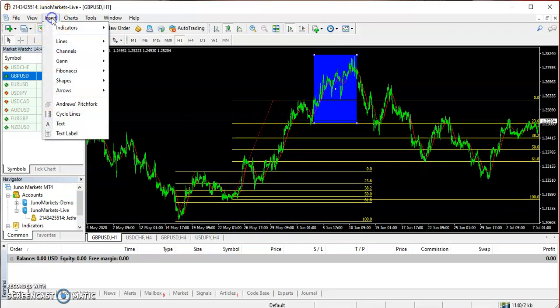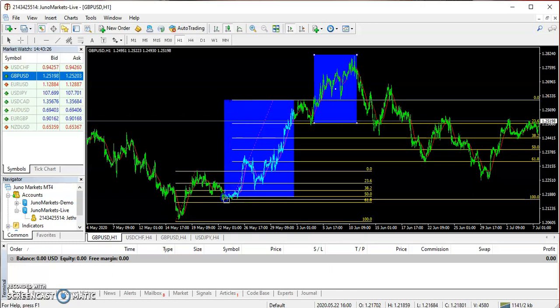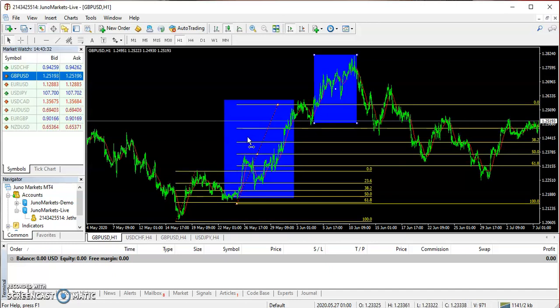If we are going to measure wave 3 compared to wave 1, that's very, very huge.